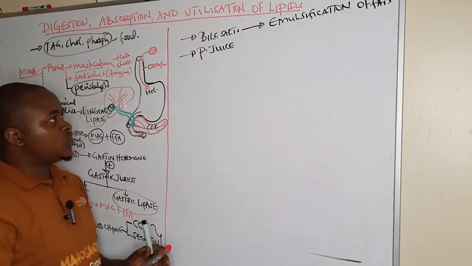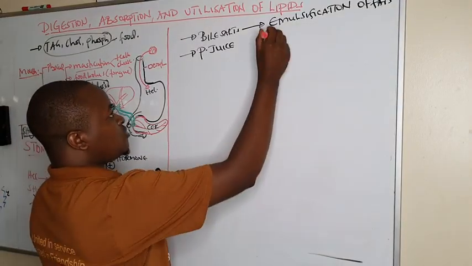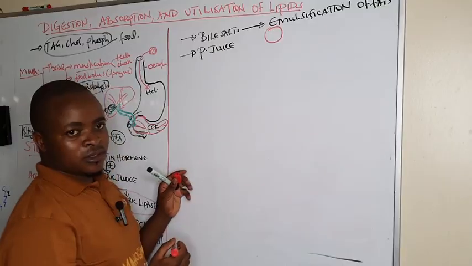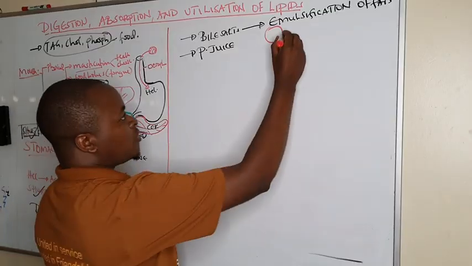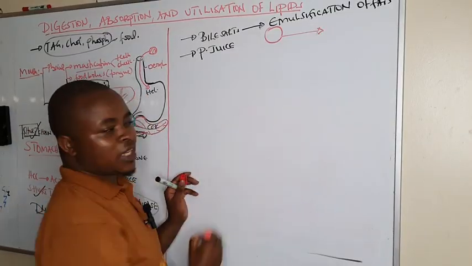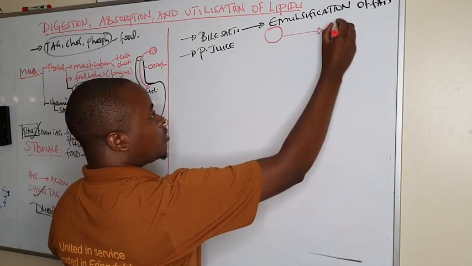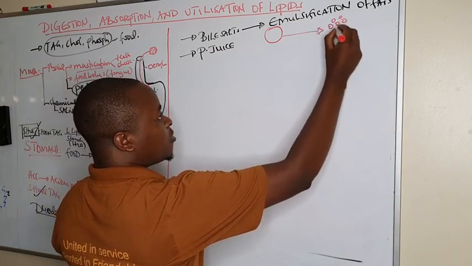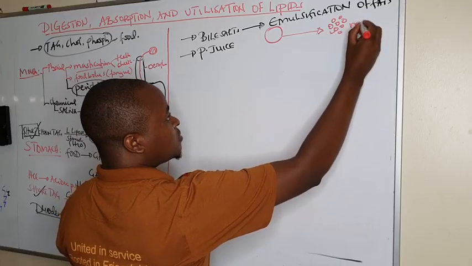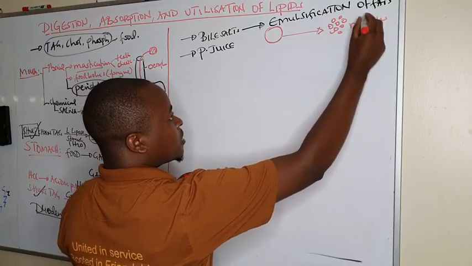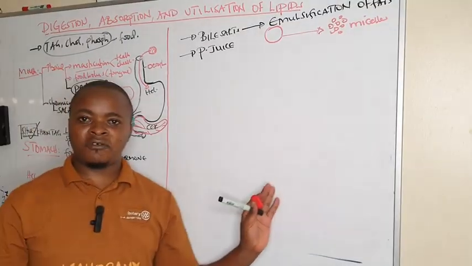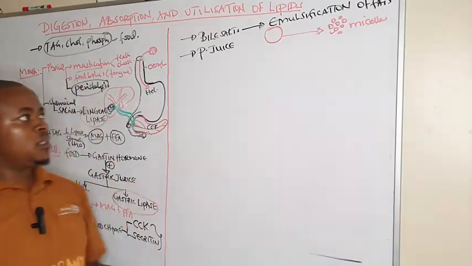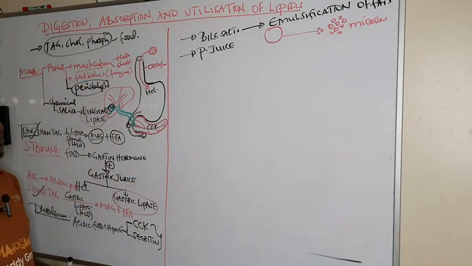Emulsification means the fats which you have eaten are very big in size. So the bile salts break this big fat globule into small fat droplets called micelles. These small lipid droplets increase the surface area for the action of pancreatic enzymes from the pancreatic juice.